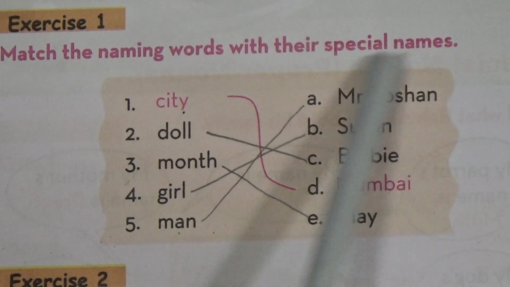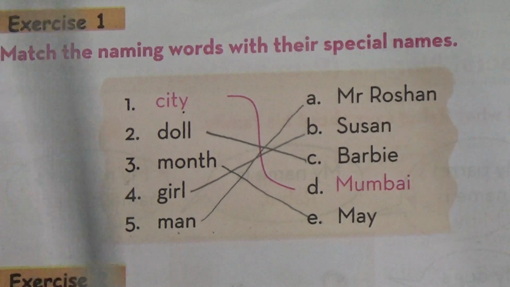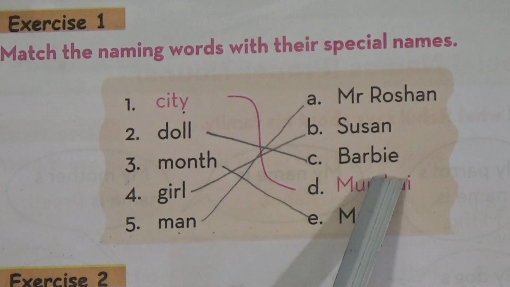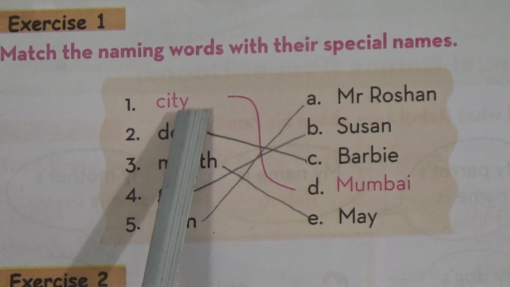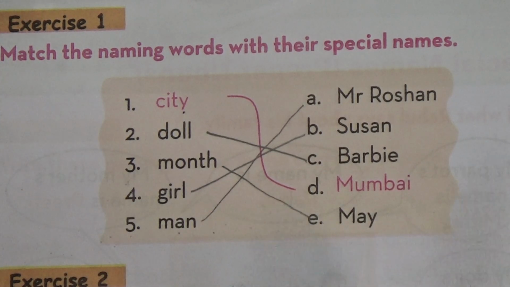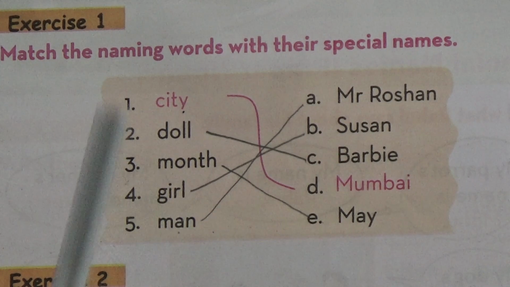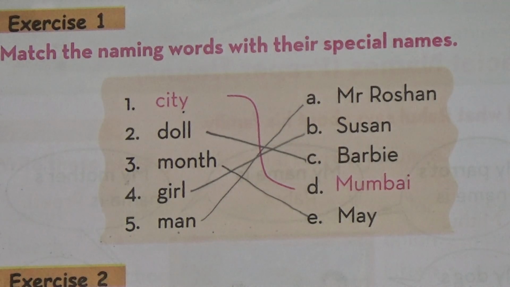But in this case, Dr. Roshan, special man; Sushan, a single girl or special girl; Barbie, special doll; Mumbai, special city; May, special name. These words are special names. Now let's try to solve exercise number 1. Dear students, I am telling you again, before solving all this, you have to clearly understand what a special name is.